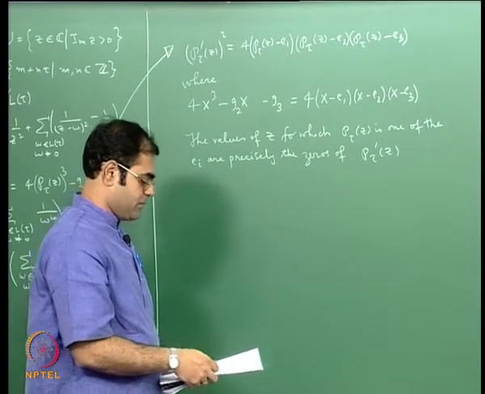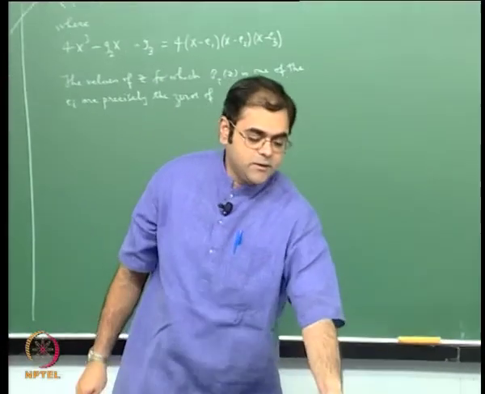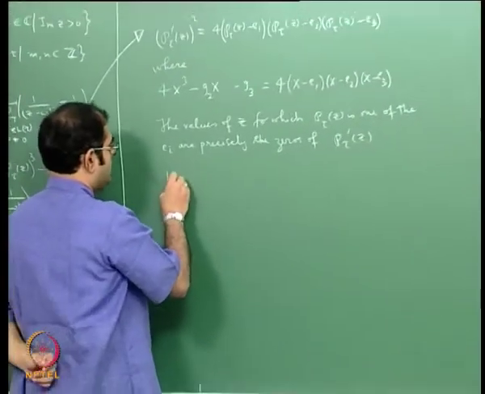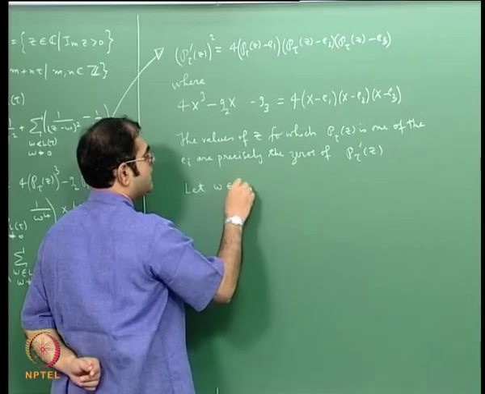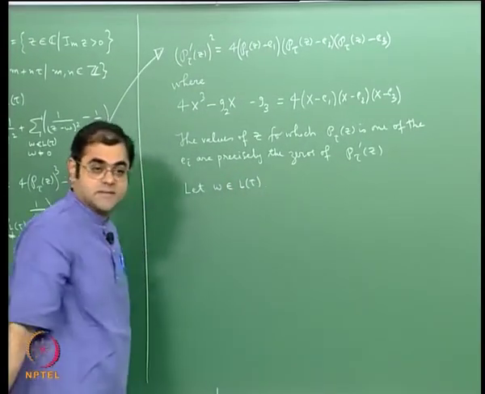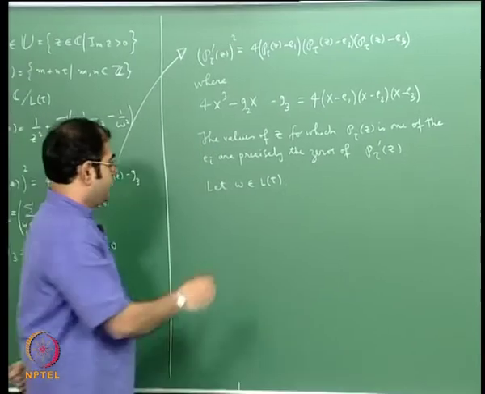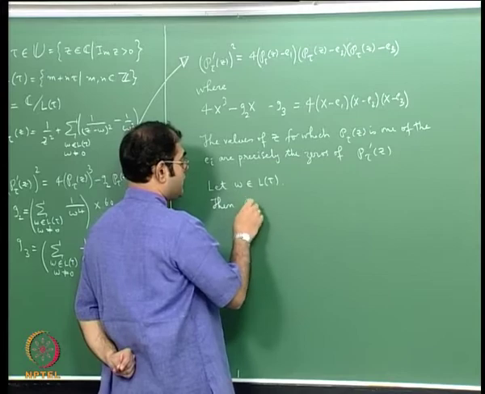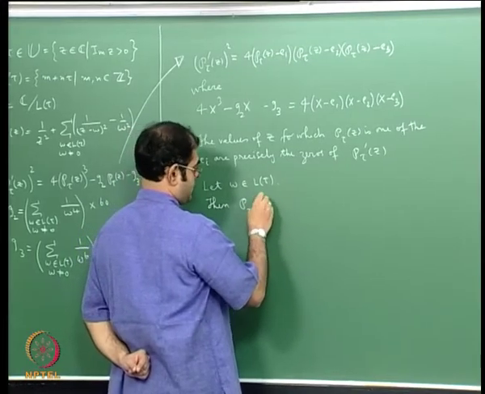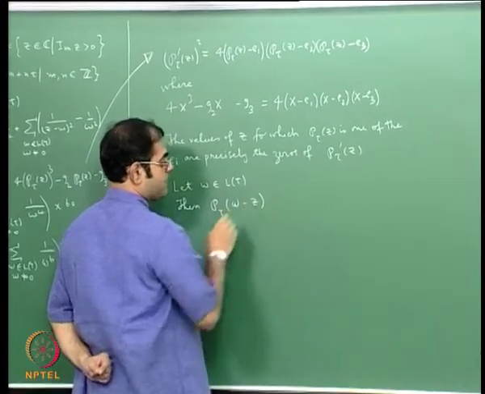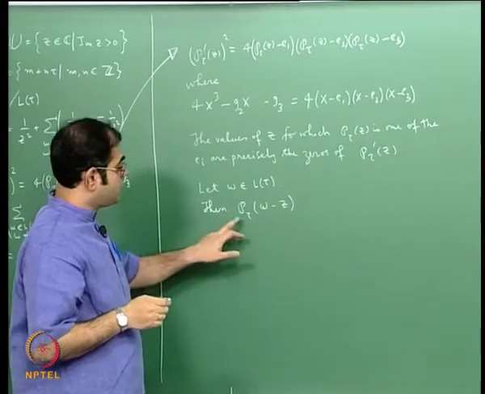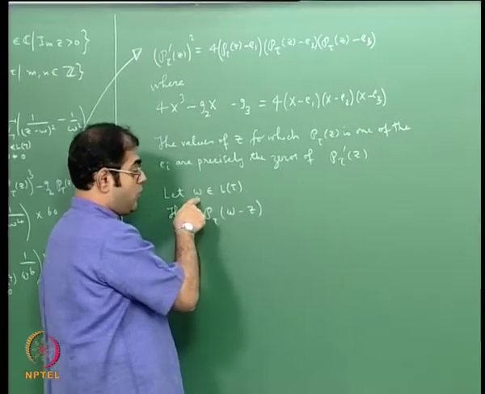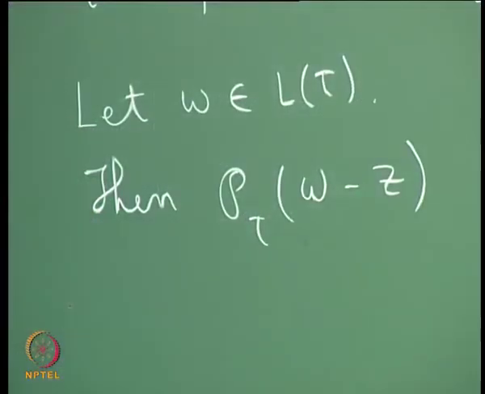Now I will first try to tell you that there are 3 easy zeros that you can guess. Let omega be an element of that lattice. Then if I take p tau of omega minus z, since omega is in the lattice, omega is of the form n plus m tau.